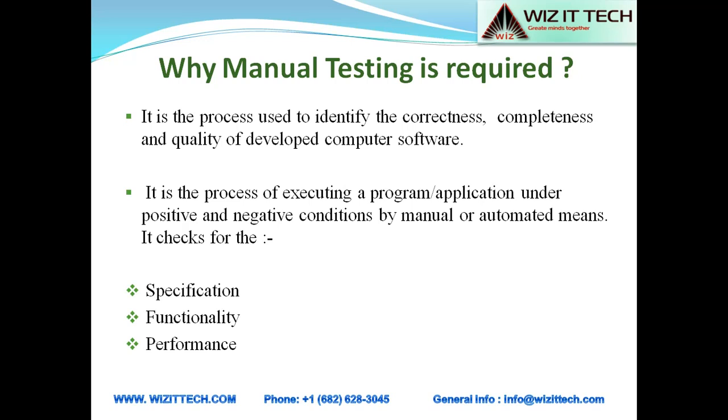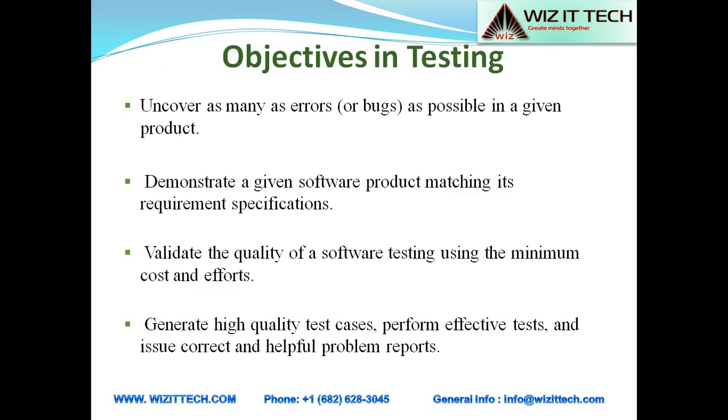It means in manual testing or automation testing, we check the specifications, functionality and performance of an application. Alright. Then we can go to the objectives we have in testing. What are the main objectives while testing any software application? When we are testing, we uncover as many errors or bugs as possible in a given product.